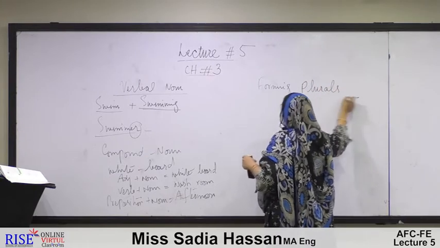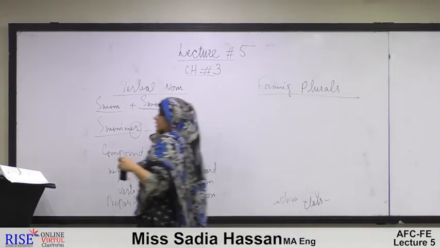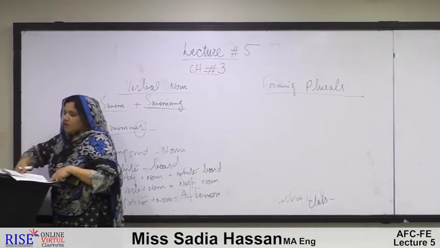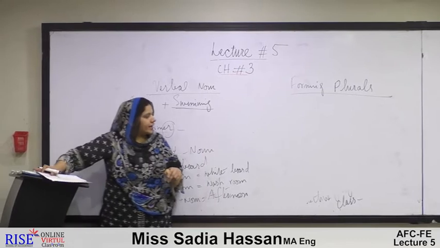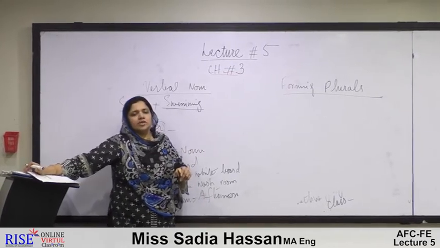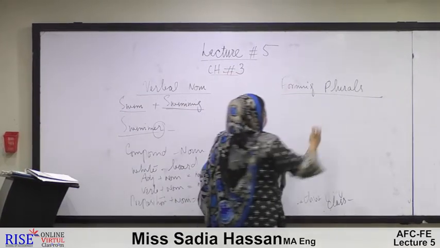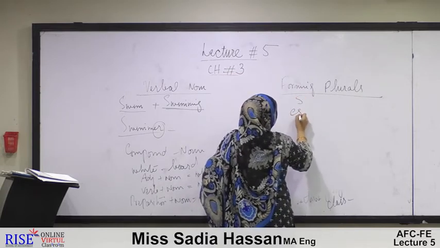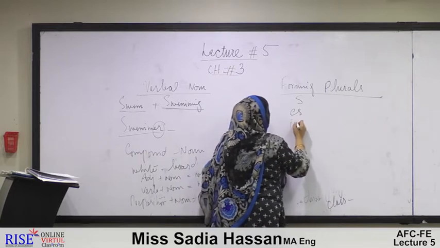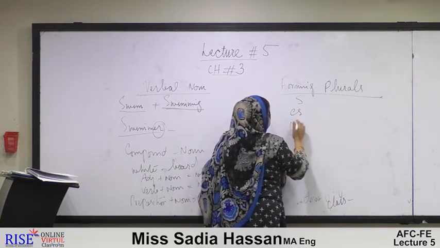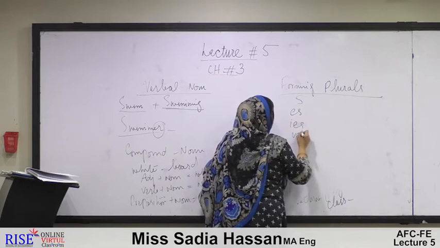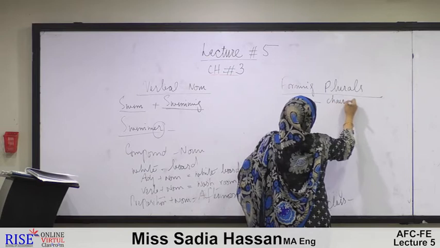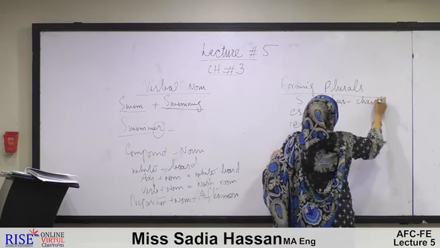This is the name with which the topic is given in your book on page number 58. The writer says there are many different ways to construct the plural of a noun. Sometimes it is the addition of s at the end. Sometimes it is es. Sometimes it is ies. Sometimes it is ves.